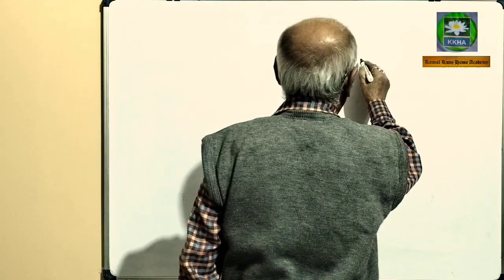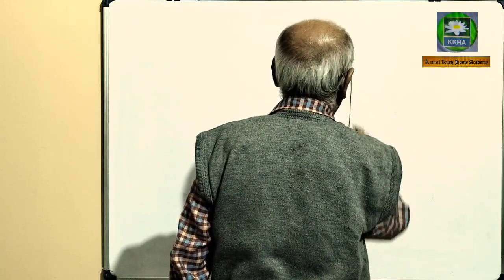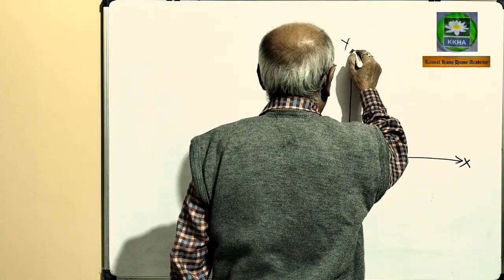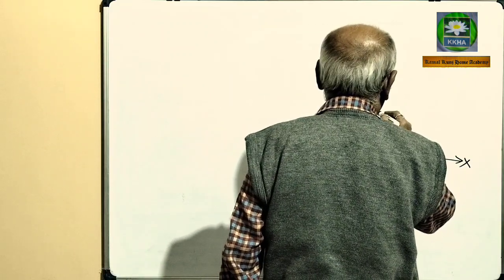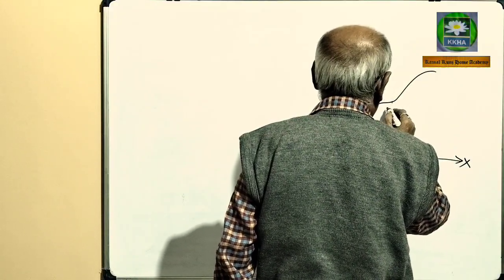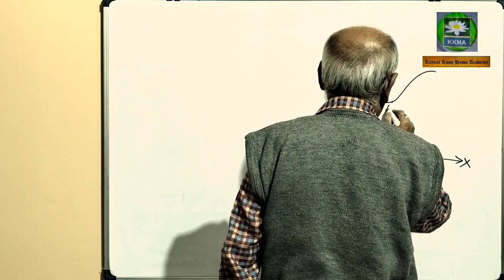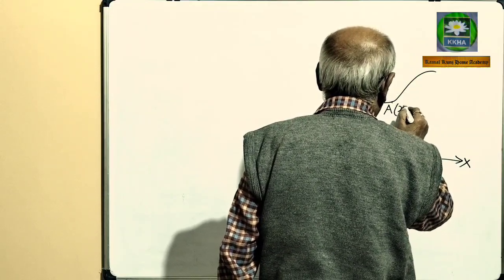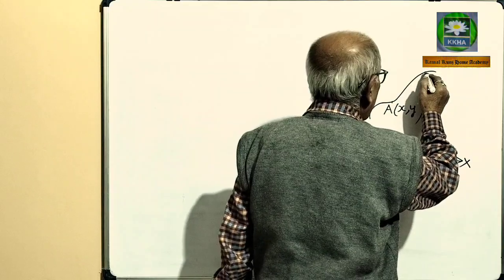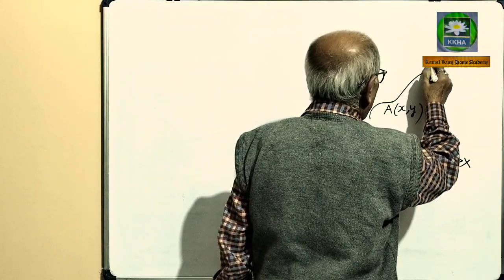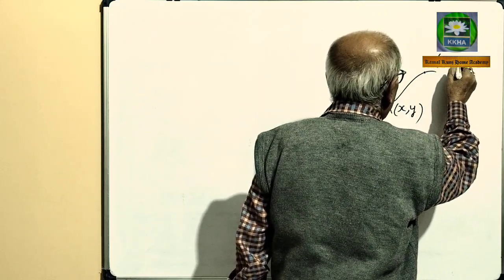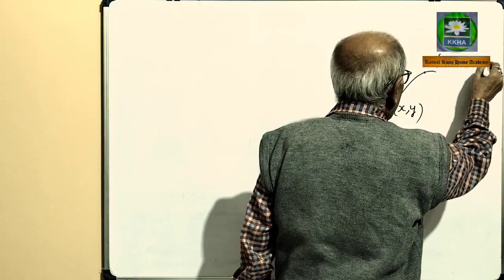Now suppose a particle is moving freely in the xy plane, and its position at time t is at A, whose coordinates are x, y, and after time t plus delta t, its position is at B, whose coordinates are x plus delta x and y plus delta y.